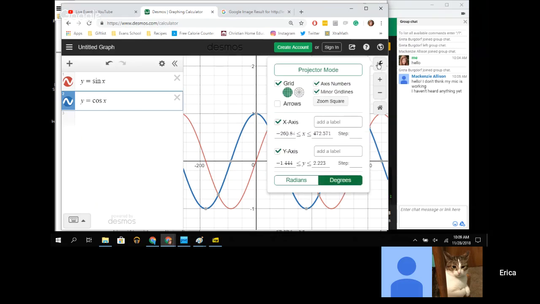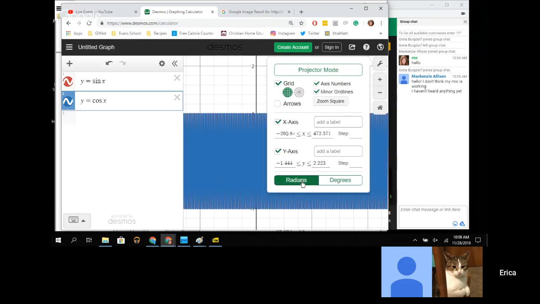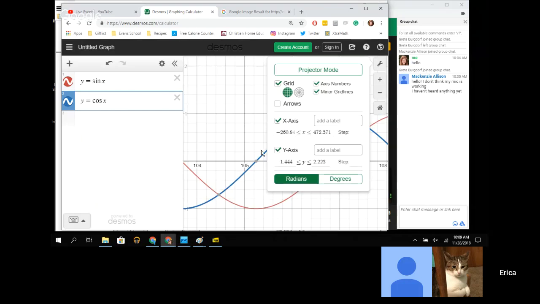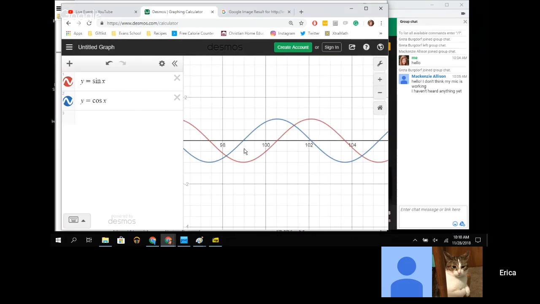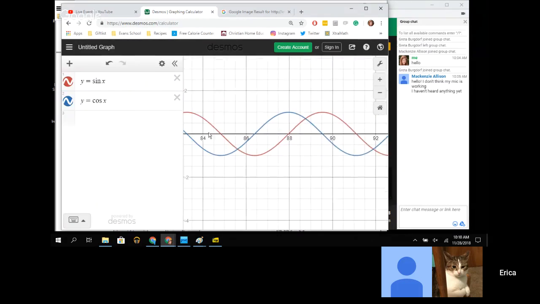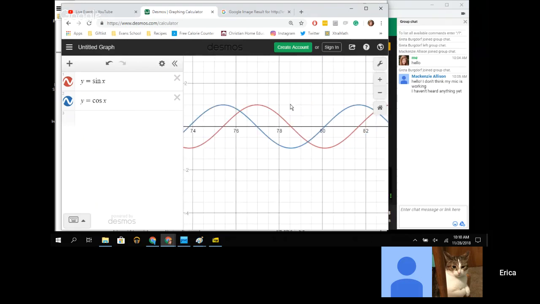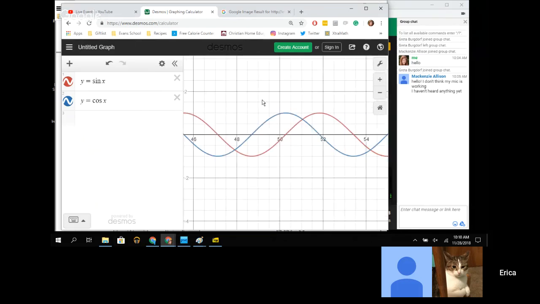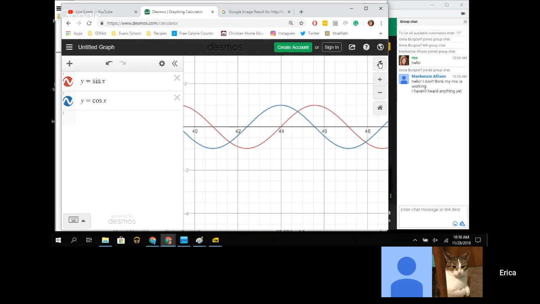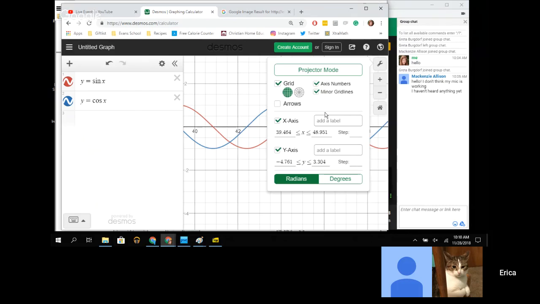Or you can switch back to radians, which is probably the easier one because that's what we mostly deal with. And look, when I switch to radians, it really makes it crazy. So basically, you want to be in radians when you start, or else you have to mess with all the stuff that I'm messing with now. I just proved my point. I don't know how to reset it to the beginning.